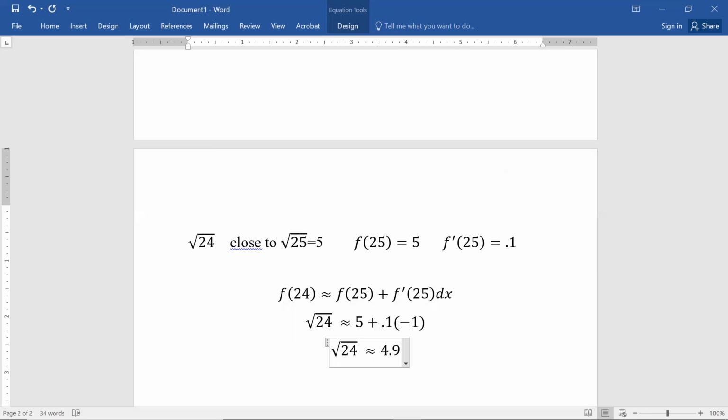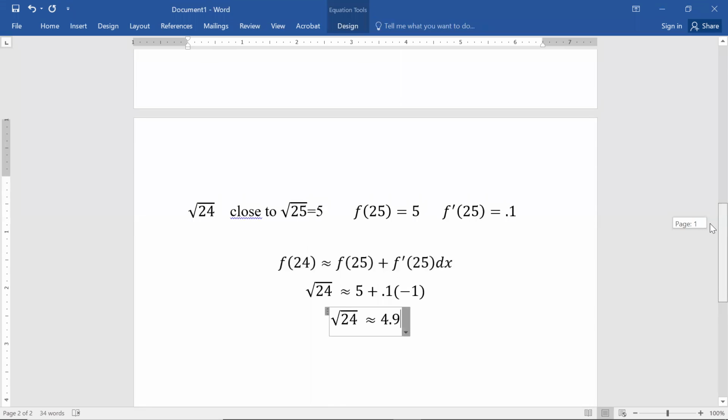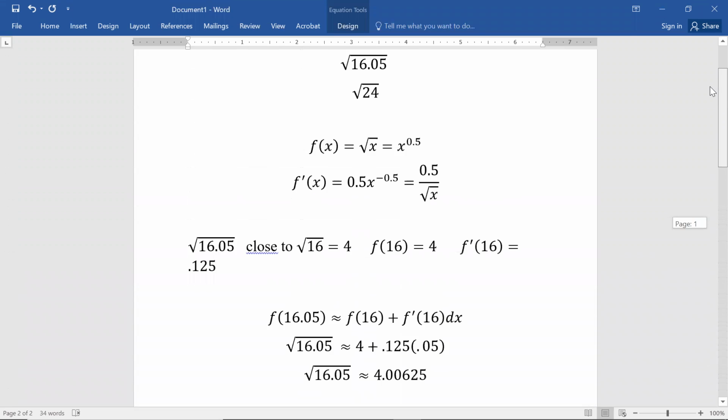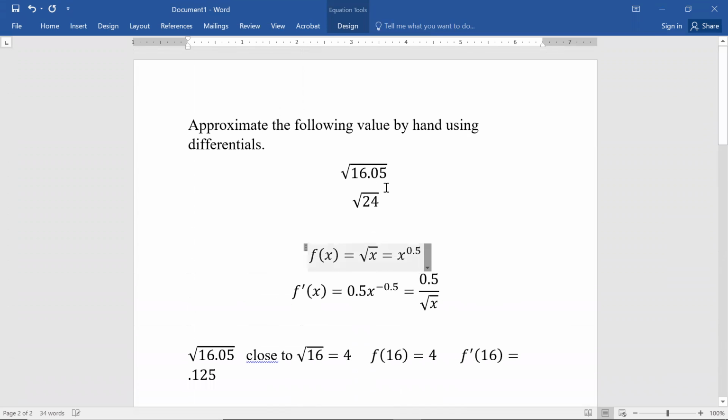So that's how we can utilize differentials in finding values that we may not be able to otherwise.